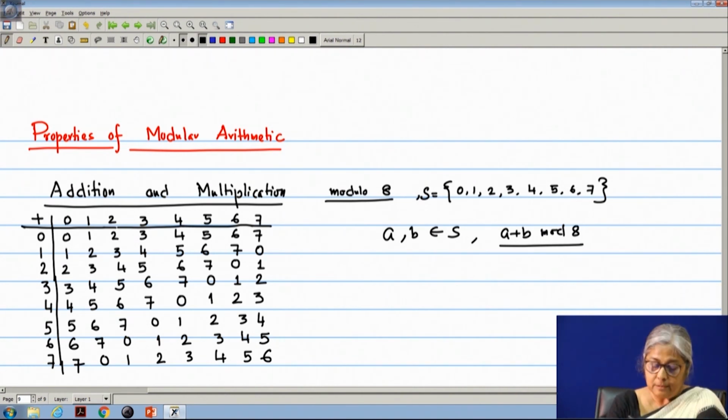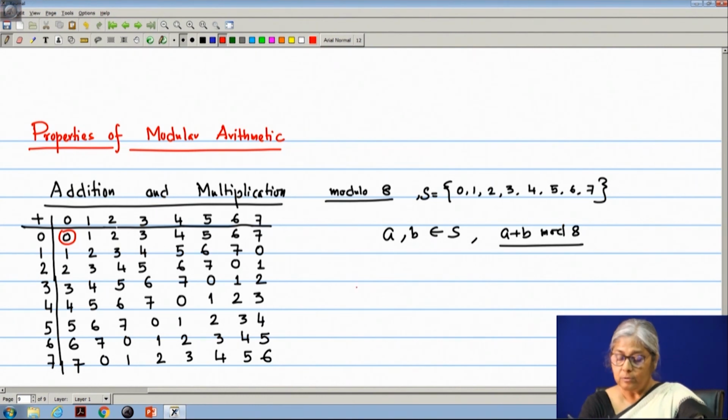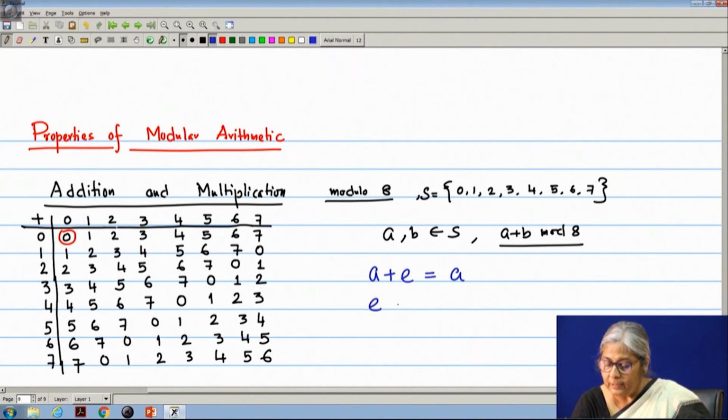So we see that 0 plus 0 is 0, 1 plus 0 is 1, 2 plus 0 is 2, 3 plus 0 is 3, 4 plus 0 is 4. If we remember, A plus E equal to A means E is the additive identity.